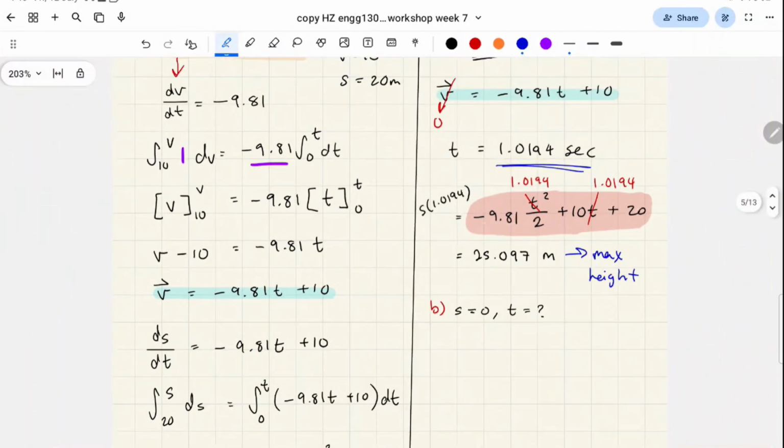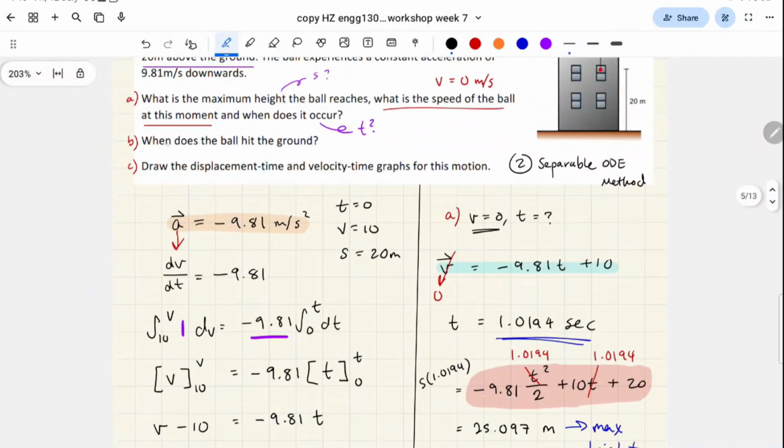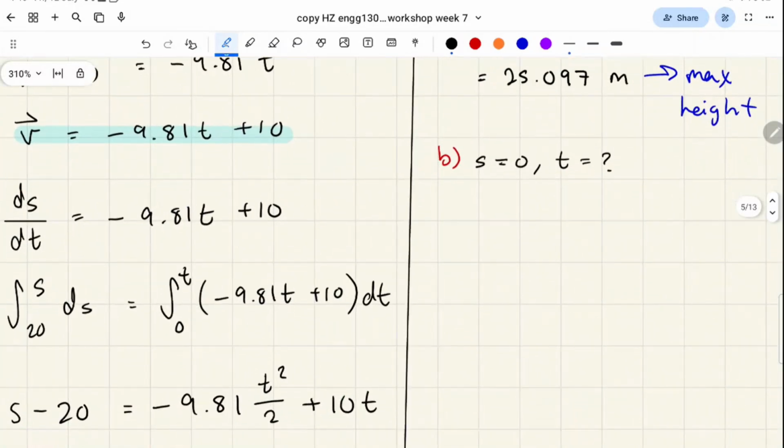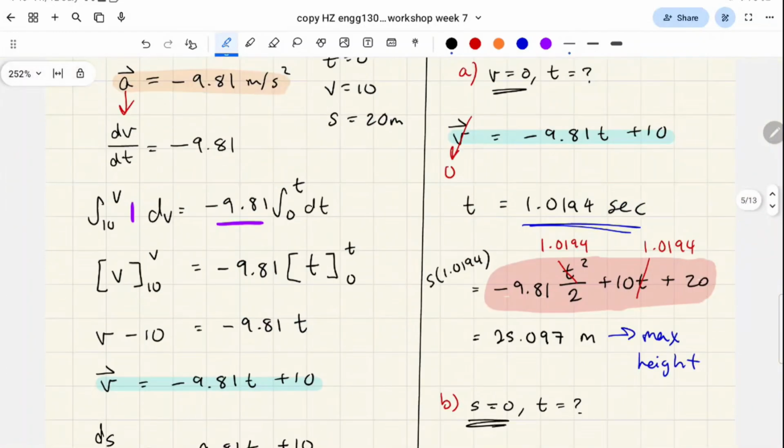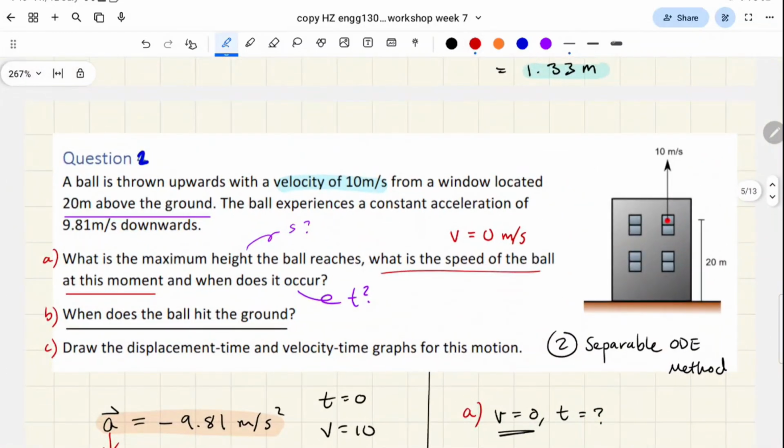Yeah? Okay. The next part of the question, B, when does the ball hit the ground, right? Okay, so basically, we started at a height of 20, right? We know the function to track the position of the ball, which is our S function. So we just need to plug in when S is equal to 0, right?